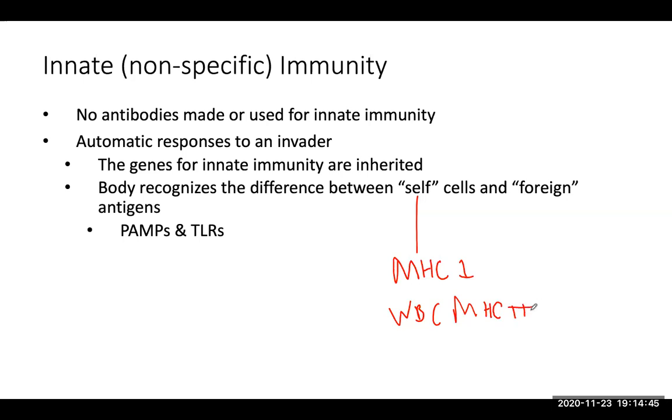And we probably won't even talk about MHC2, but you will see MHC1 today. So whenever we say self-tag, we're talking about MHC1, unless we're talking about a white blood cell, then we're talking about MHC2. Okay.